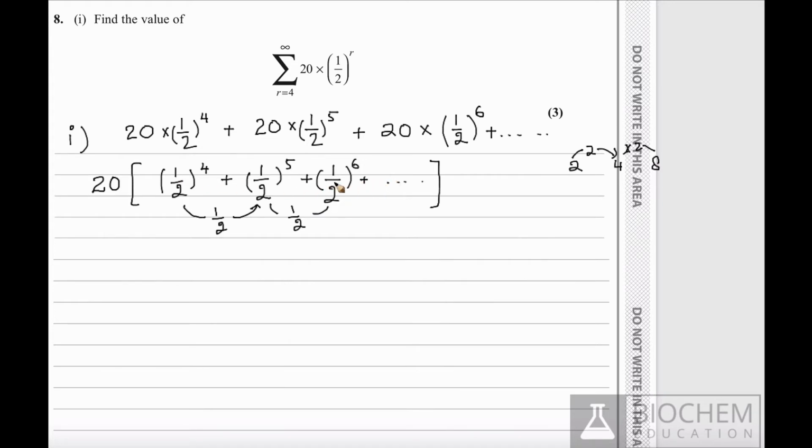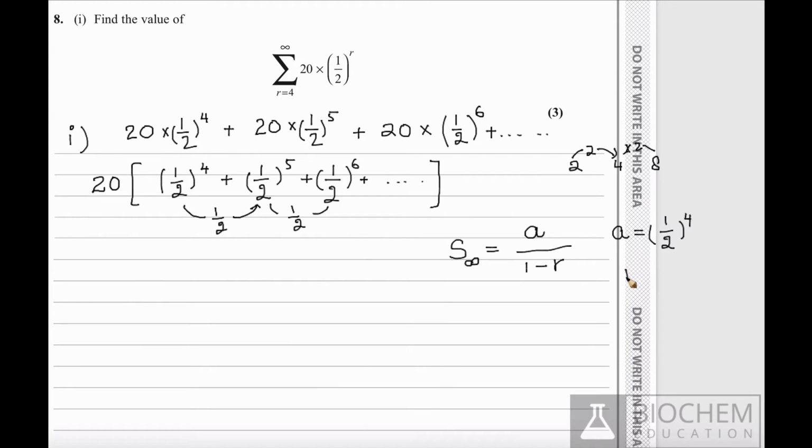And the sum of all of these terms can be found by the formula for sum to infinity, which equals a divided by 1 minus r. So what is a? A is the first term of this geometric sequence, which in this case is half to the power of 4.